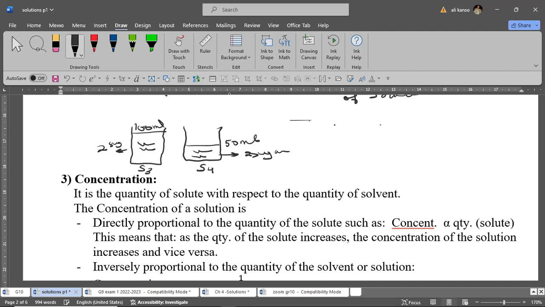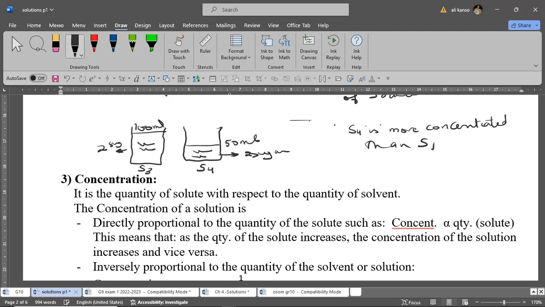What do we notice? Here we have a large quantity of water and 2 teaspoons of sugar. Here we have 50 milliliters of water and 2 teaspoons of sugar. Same solute, but different quantity of solvent. We will notice that S4 is more concentrated, sweeter.